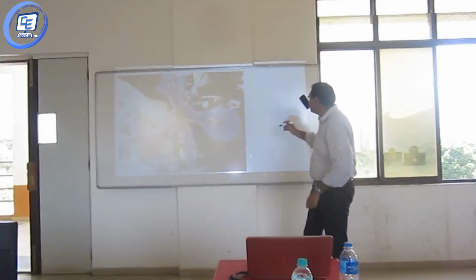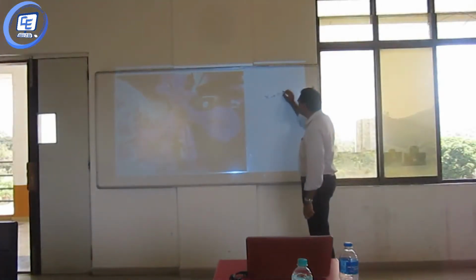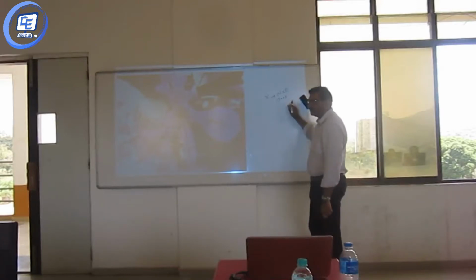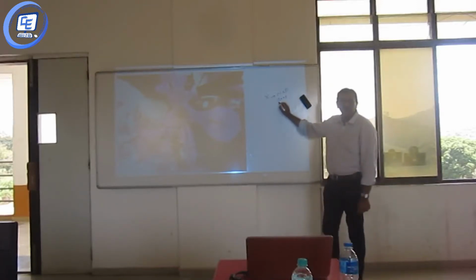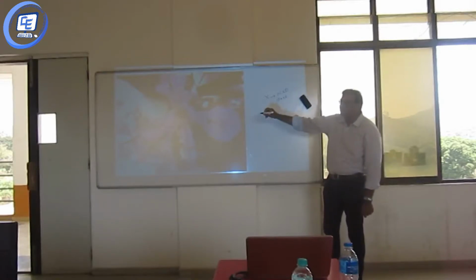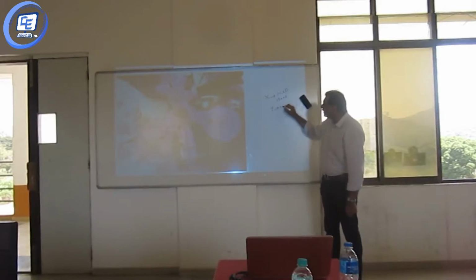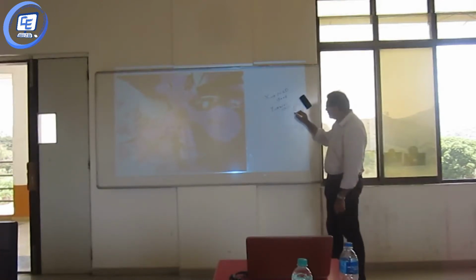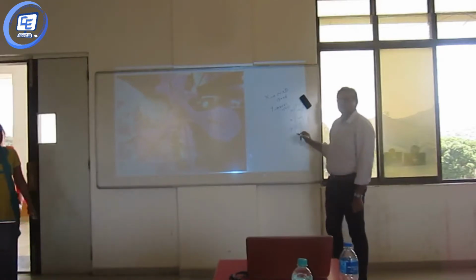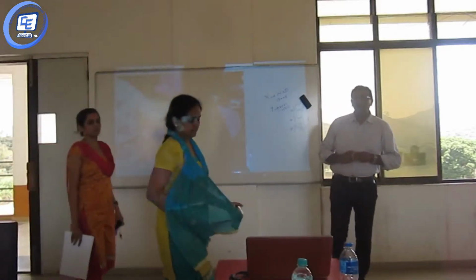So what is X in this case? N cross D, what will it be? 150 cross 4. There are 150 samples, each sample having 4 attributes. What are those 4 attributes? Sepal length, sepal width, petal length, petal width. And what will Y be? N cross 1, 150 cross 1. In this, the first 50 are Setosa, the second 50 are versicolor, the next 50 are virginica. So this is how a data set is built.